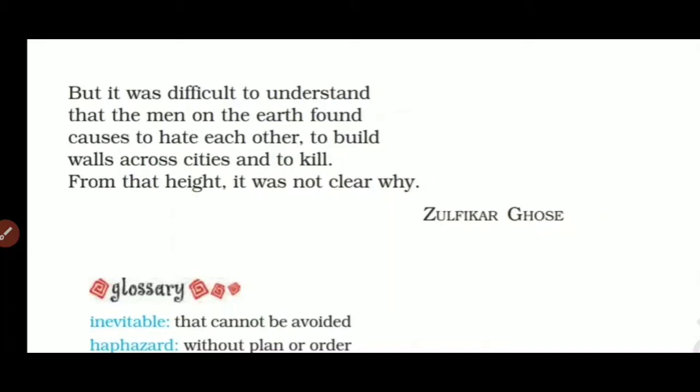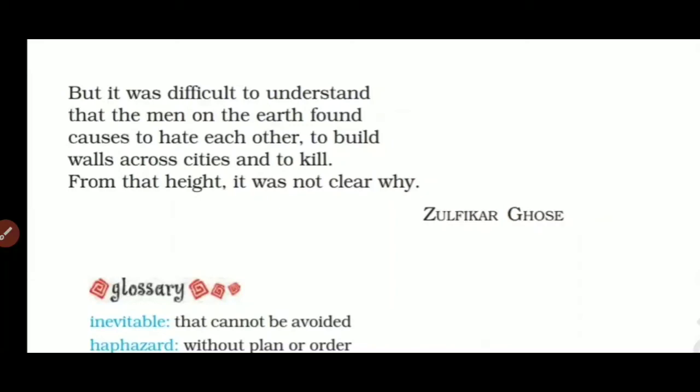From that height, it was not clear why. The poet was not able to find out why the people hate each other, why the people are ready to kill each other over minor matters, why the people are so eager to divide and divide.